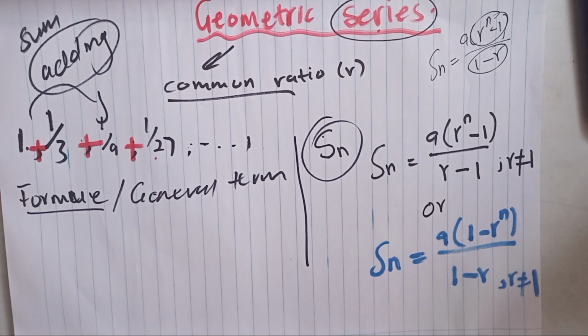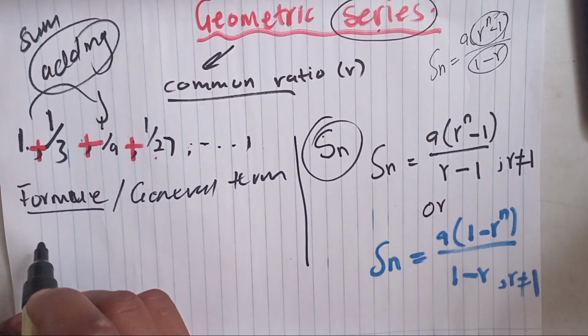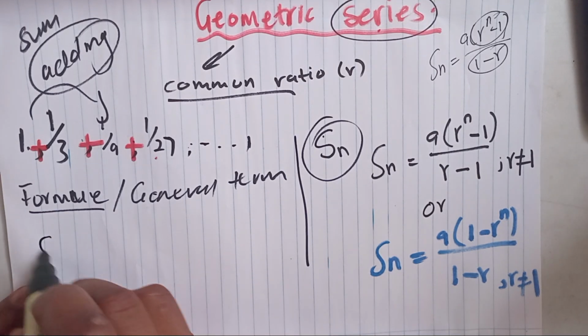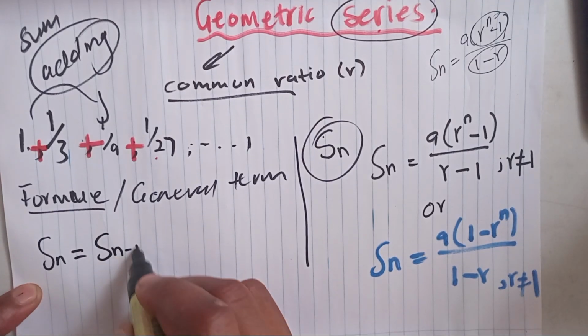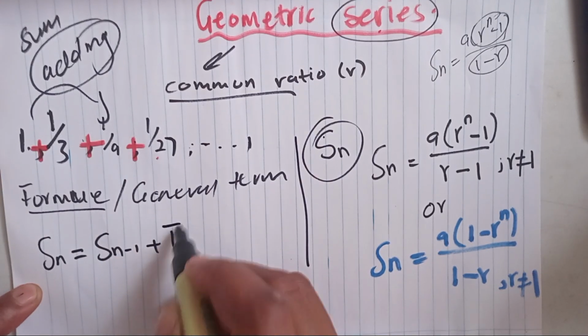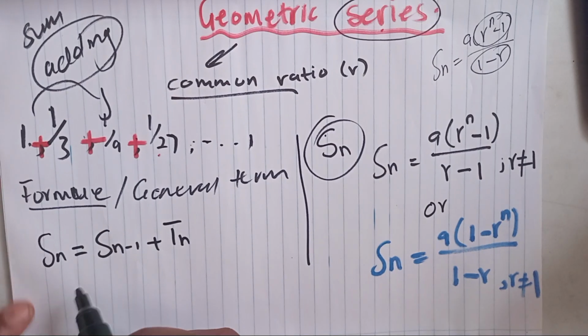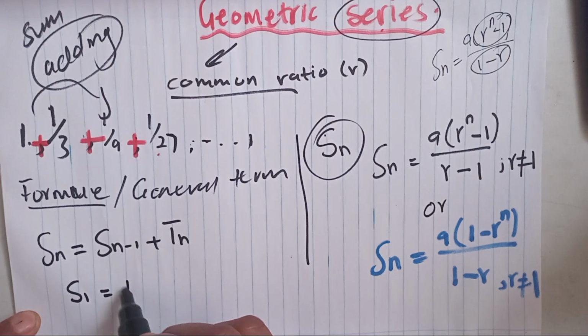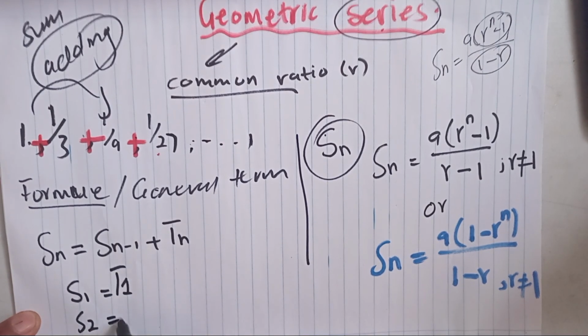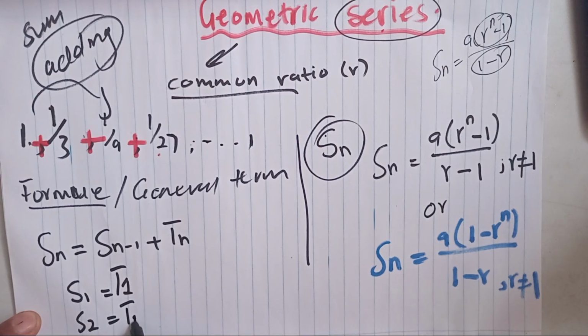So I've made it clear in the previous video that Sn is equivalent to Sn minus 1 plus Tn. What I'm trying to say here is that S1 is equivalent to the first term, T1. S2 is equivalent to the sum of the first two terms.